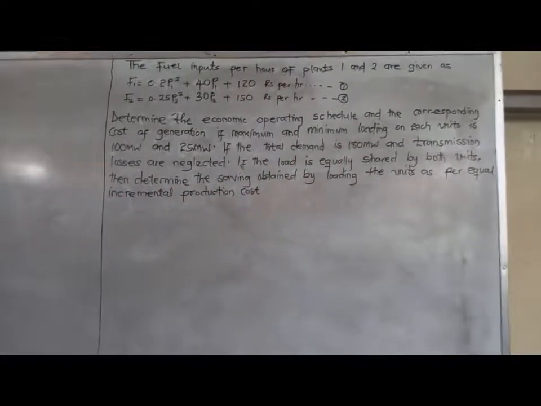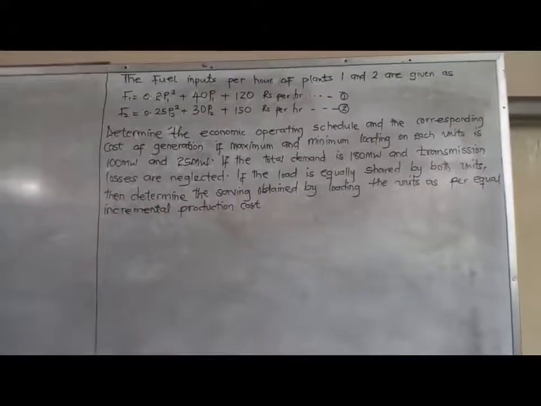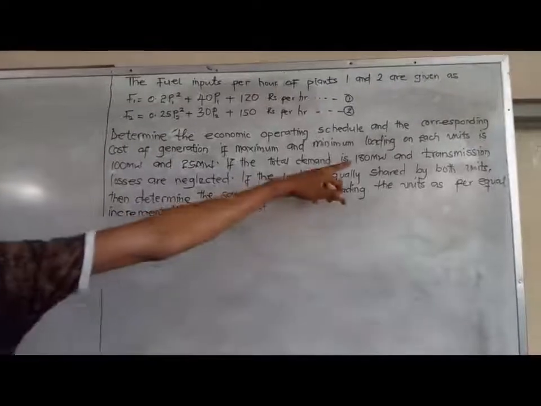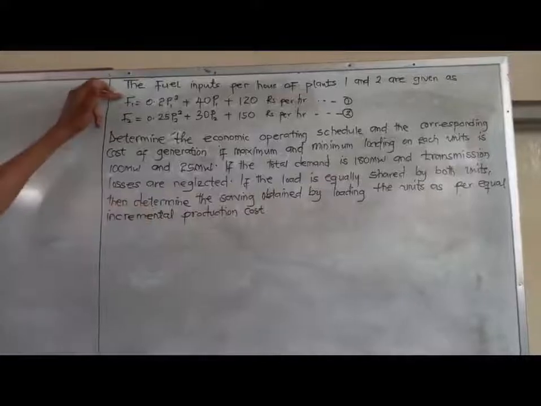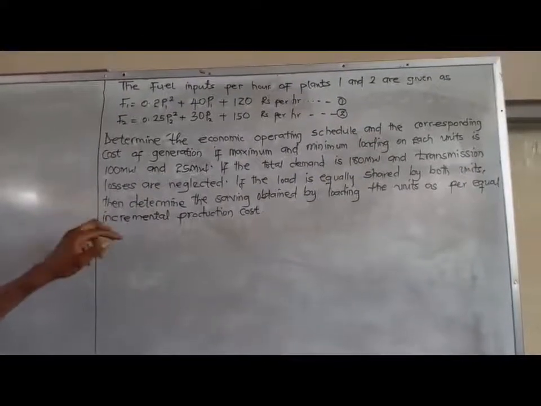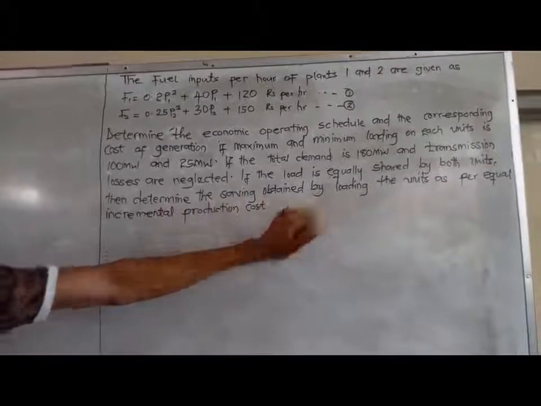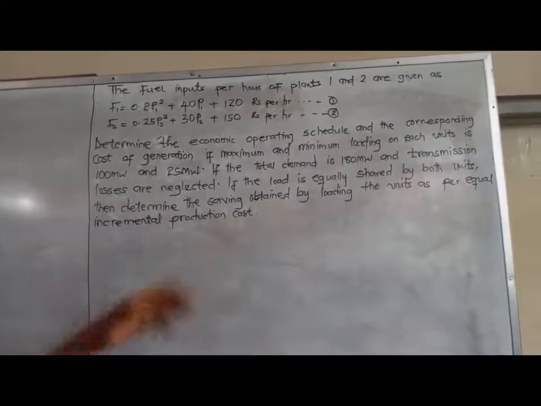Then the question says there will not be any transmission losses if the load is equally shared by both units. So the load demand, which is 180, is shared among generator 1 and generator 2. They ask what amount of money is saved on this generation and production cost.